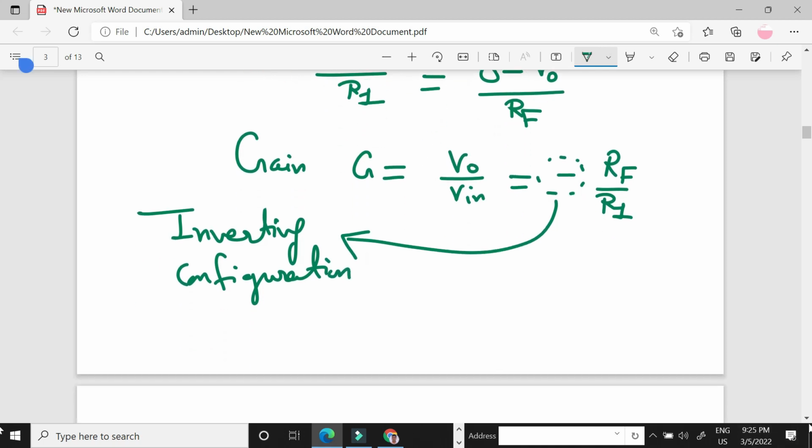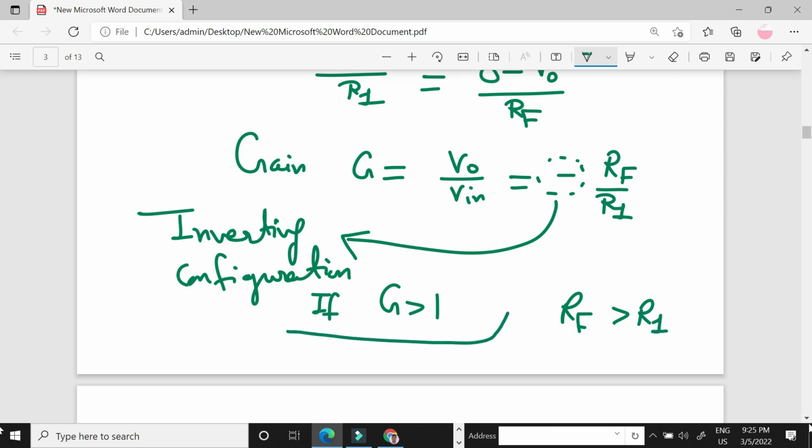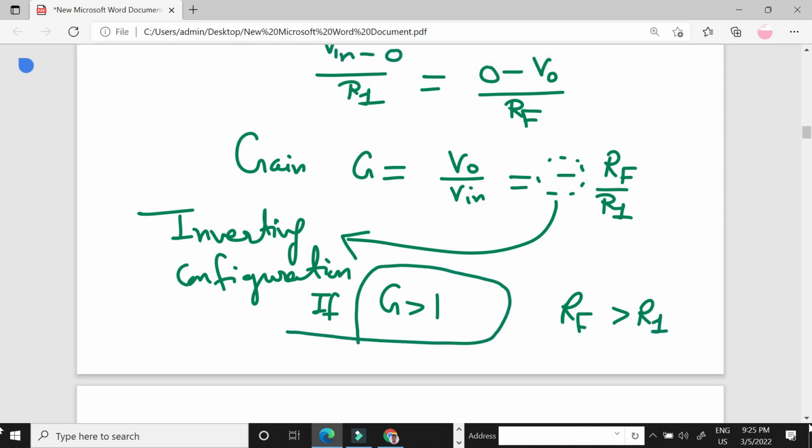And if G is to be greater than 1, RF must be greater than R1, and for amplification G must be greater than 1. So in case of inverting amplifier, it is a necessary condition that RF must be greater than R1 for amplification. Thank you.